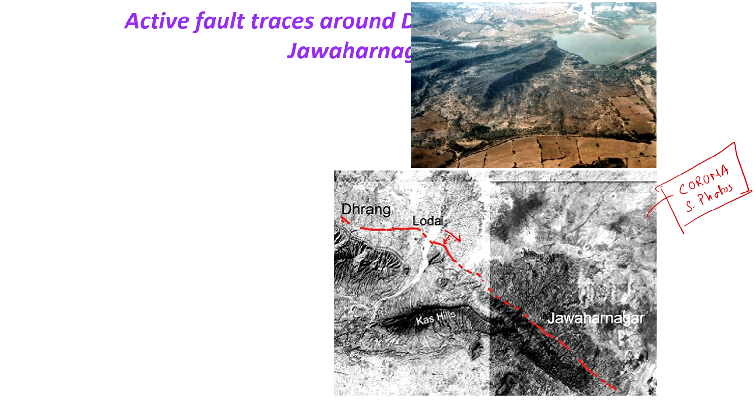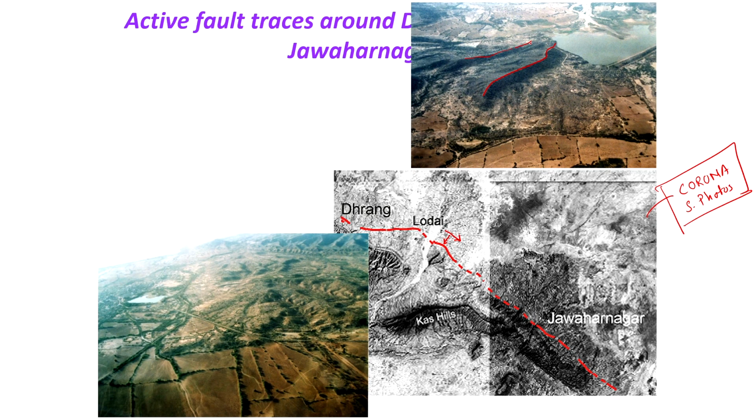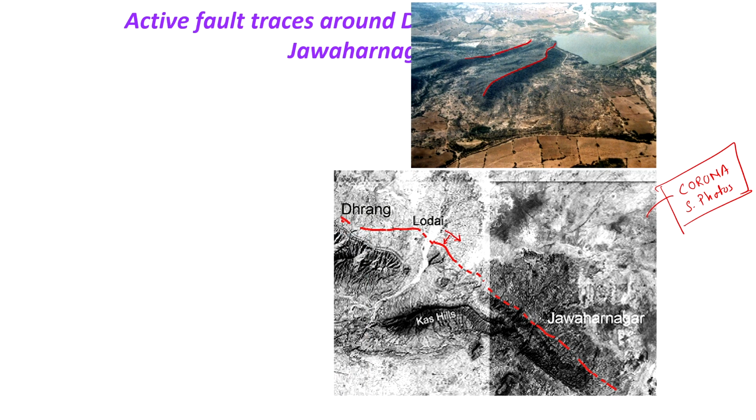So what you see here is the aerial oblique photograph. We don't see the horizon here, but it is still an oblique one. This ridge line is nothing but this one here.